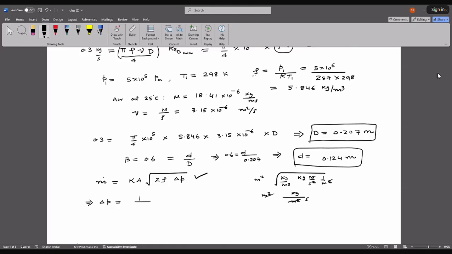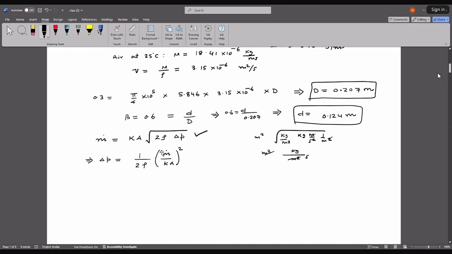So this delta P is supposed to be 1 over 2 rho. If I square it, then you have m dot over K A, squared.